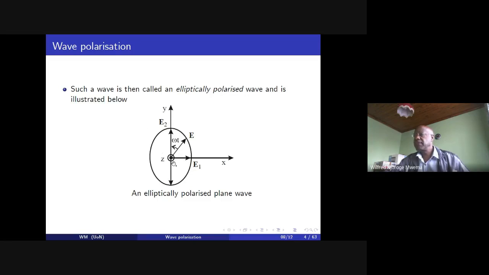But in the most general case, Ex and Ey have a time phase difference, okay? And when they have a time phase difference, the ellipse will be tilted with respect to the x-axis.